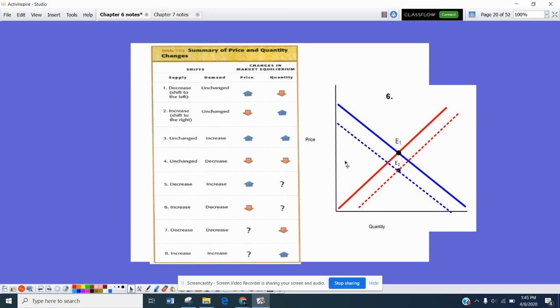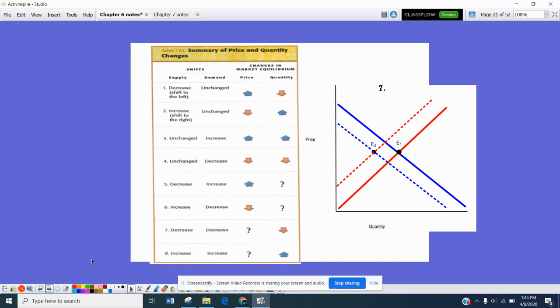In number 6, we have an increase in supply. Our supply curve is moving out towards the right, but we have a decrease in demand, and it's going to push price downward.